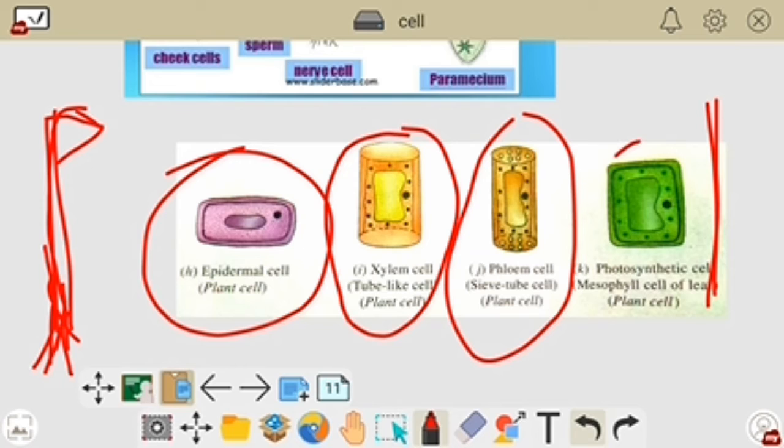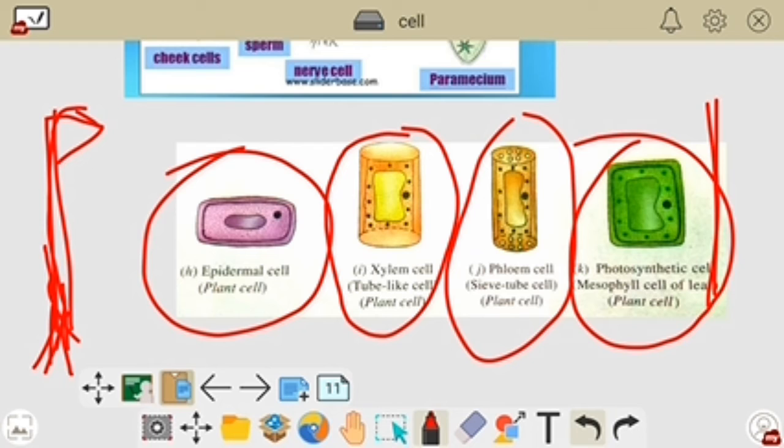Let's see what the function of the photosynthetic cell is. Can you answer it? The function of the photosynthetic cell is to carry out the process of photosynthesis, which helps to make food for the plants. Photosynthetic cells are present in the leaves.